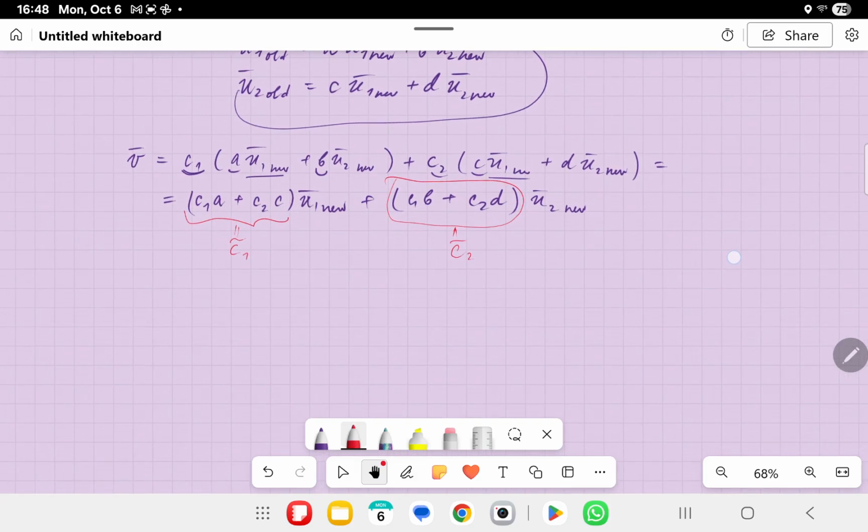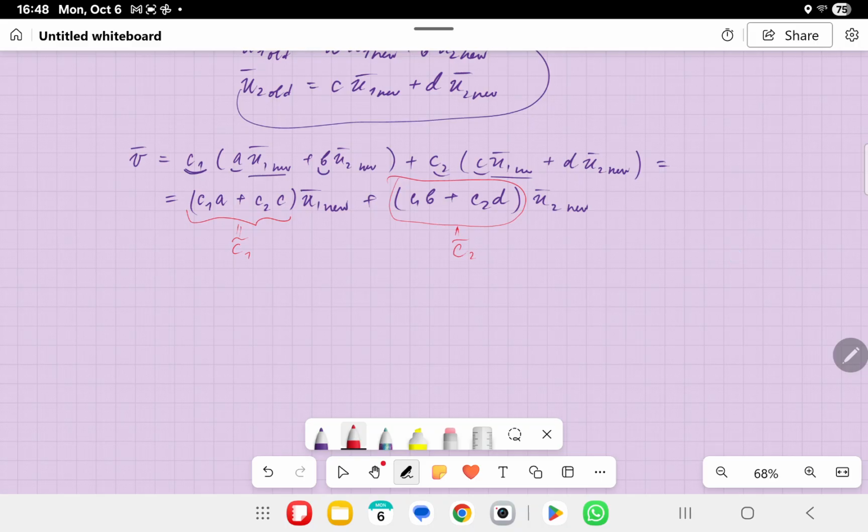Well, guys, I'm going to rewrite these coordinates as components of a coordinate vector. So I'm going to write down C1 tilde and C2 tilde, as we usually write coordinates, because they're just numbers, right?